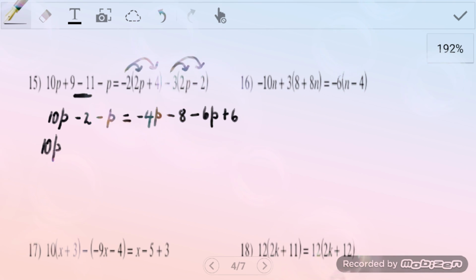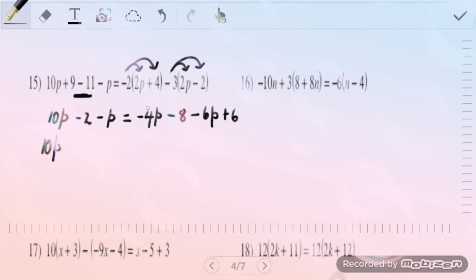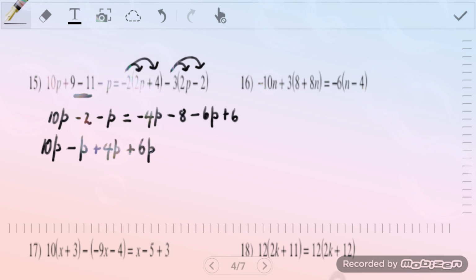So that would mean that I will need to bring this negative 4p to the left and bring this 6p to the left to join it with this minus p here. So I have 10p, take away p, bring this minus 4p, I'll end up with a positive 4p, and I can bring this negative 6p and I'll end up with a positive 6p.